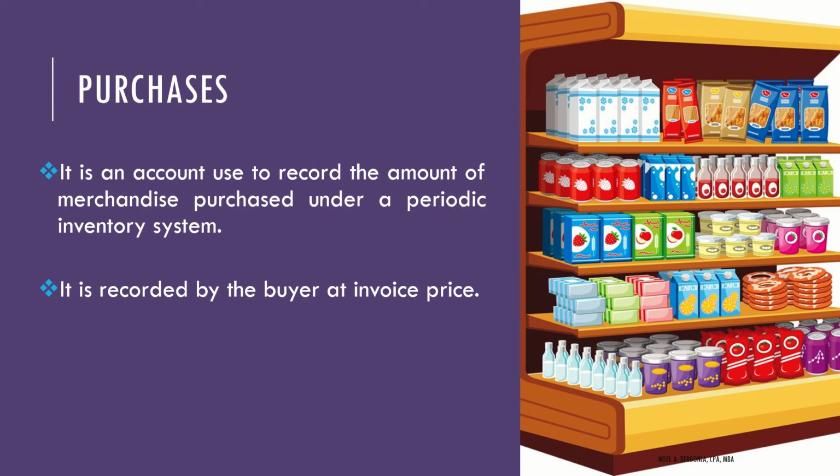Dito rin po sa ating buyer's perspective, once we have a trade discount na na-avail dahil binigyan tayo ni seller, we will not account for them separately, but rather, kung ano lang po yung nakalagay sa invoice, the invoice price, that will be the amount to be recorded.